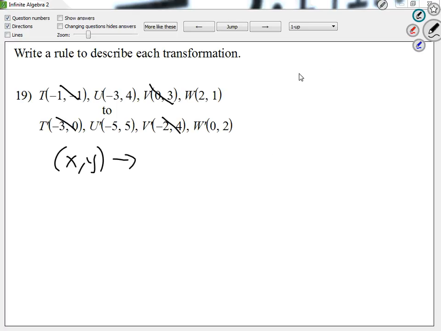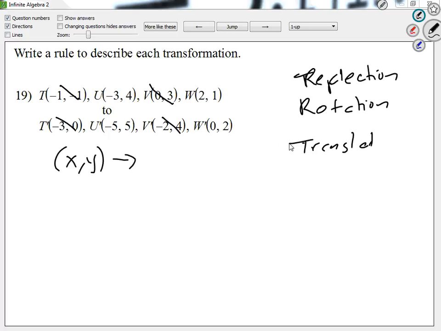But before, let me remember my 4 rules. I have reflection and rotation to begin with. Then I have translation and dilation. Those are the 4 rules that we have. For reflection and rotation, I use the same numbers for the first number and the prime number.